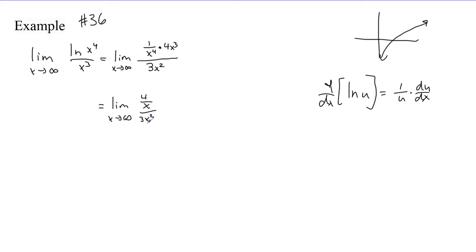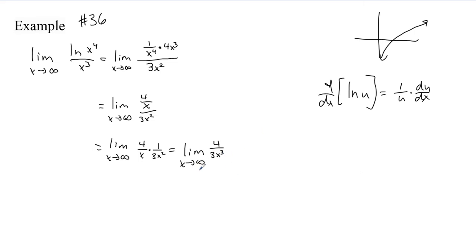So I'm going to flip my bottom, make the reciprocal of the bottom fraction, and then multiply. So I'll have the limit as x goes to infinity of 4 over x times 1 over 3x squared, which will be equal to the limit as x goes to infinity of 4 over 3x to the third.